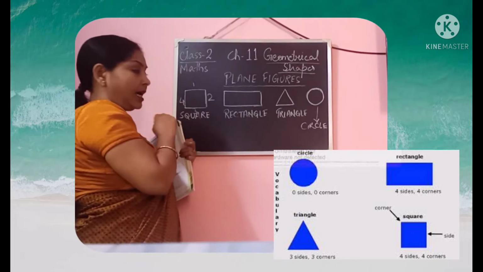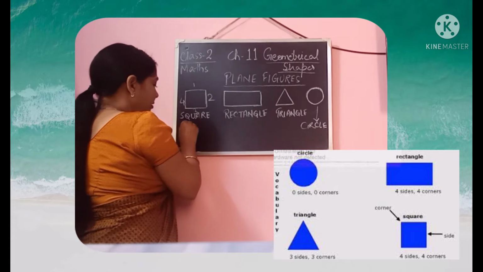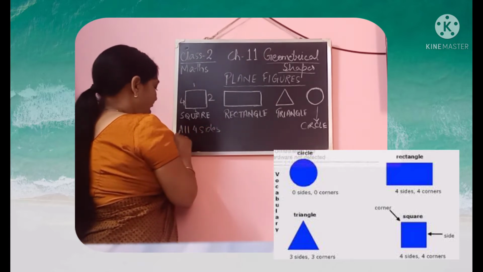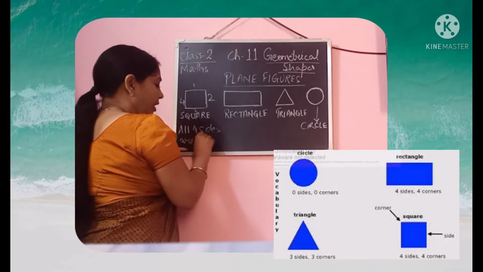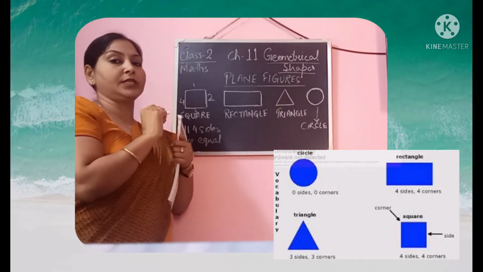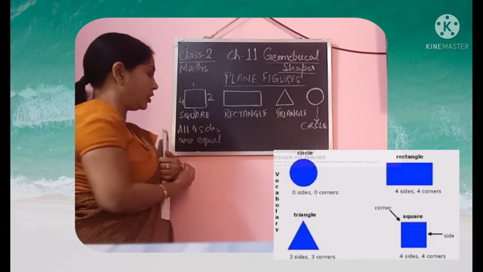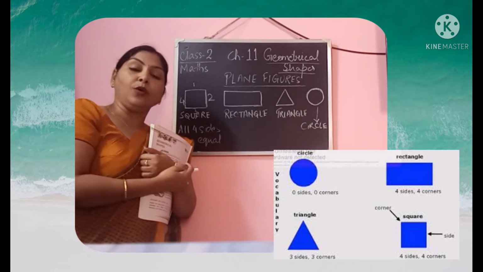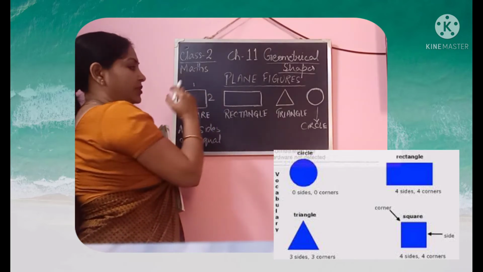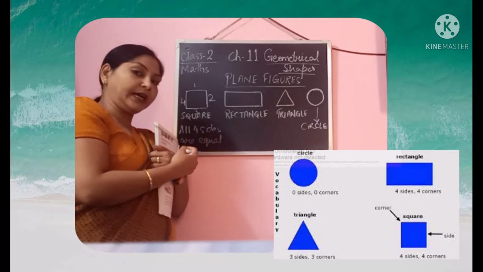The difference is that in a square, all 4 sides are equal. So, the first figure shown on the board is called a square, and in a square all 4 sides are equal.